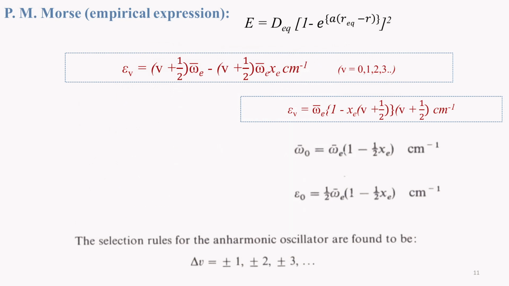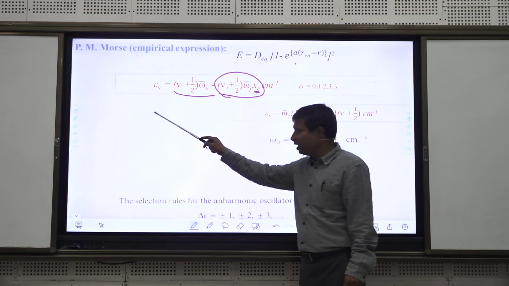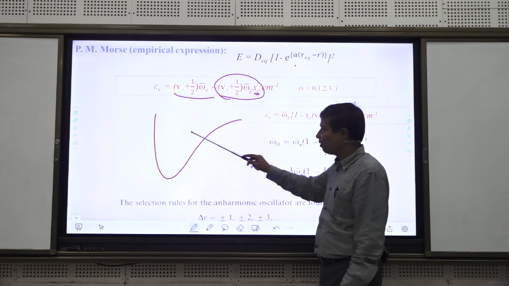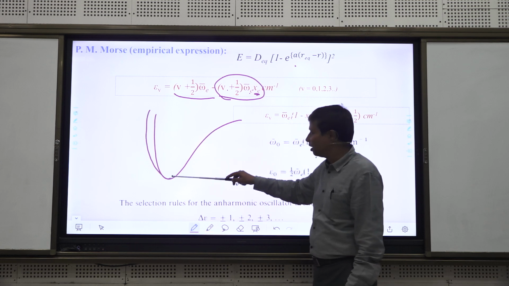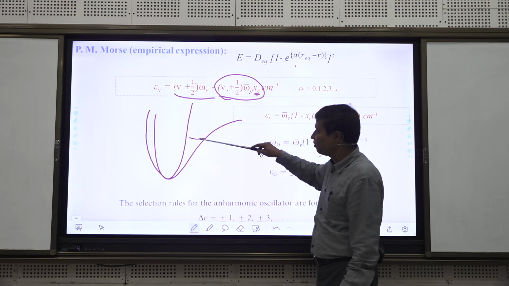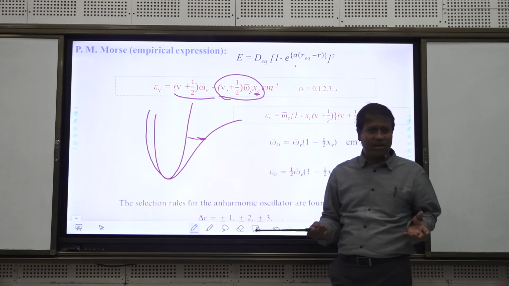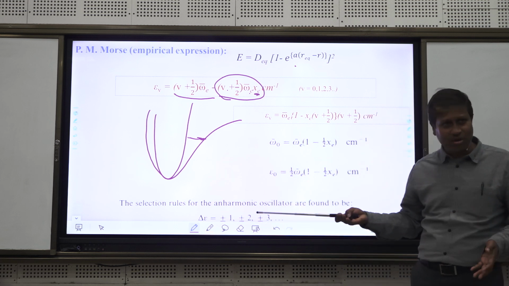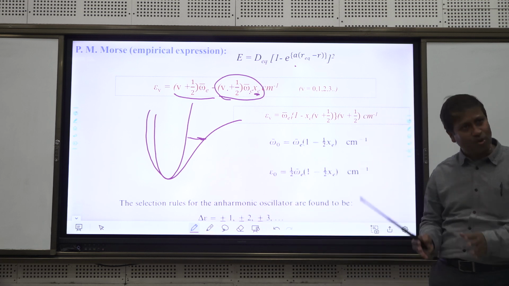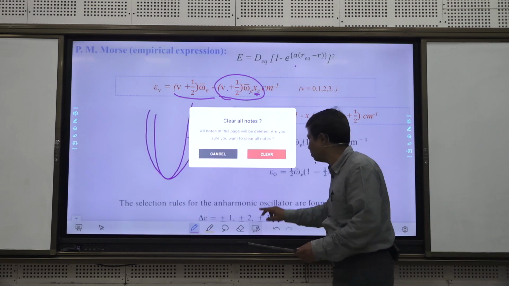In it, you have v, omega e, both are there, and you have an additional one, xe, which is called the anharmonicity constant. What is the anharmonicity constant? It is the deviation from the harmonic nature. The more the deviation, the anharmonicity constant will increase, but it is still a small number.